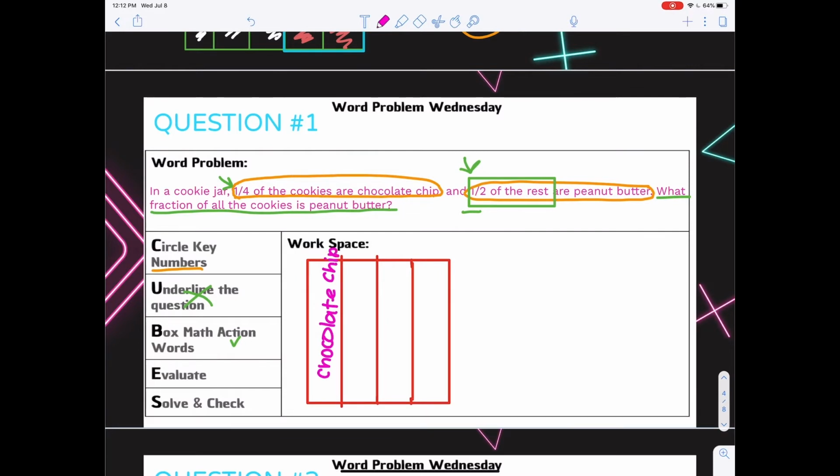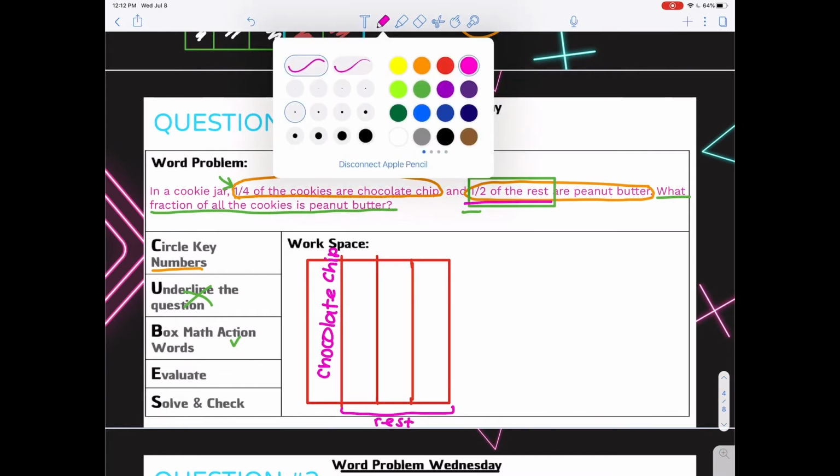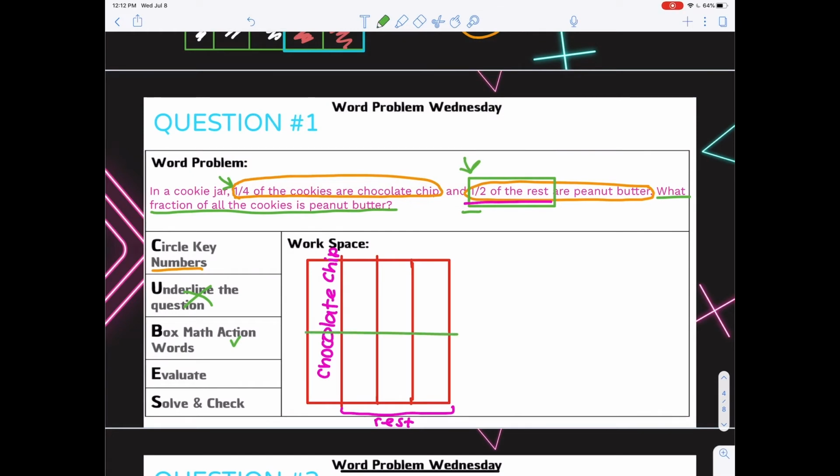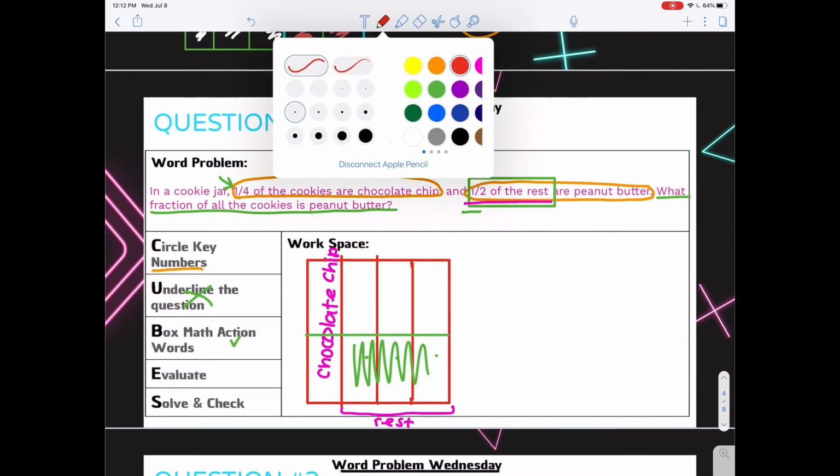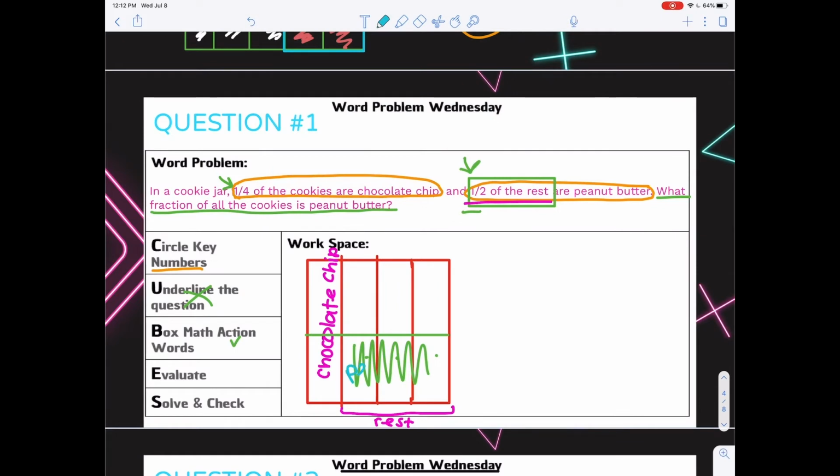We don't know what each of these are, but we know that half of the rest, meaning this is the rest, and half of it, so I'm going to cut it in half horizontally. Half of the rest, so 1, 2, 3 boxes of it are peanut butter, and I'm going to label that in a different color. This is all peanut butter.